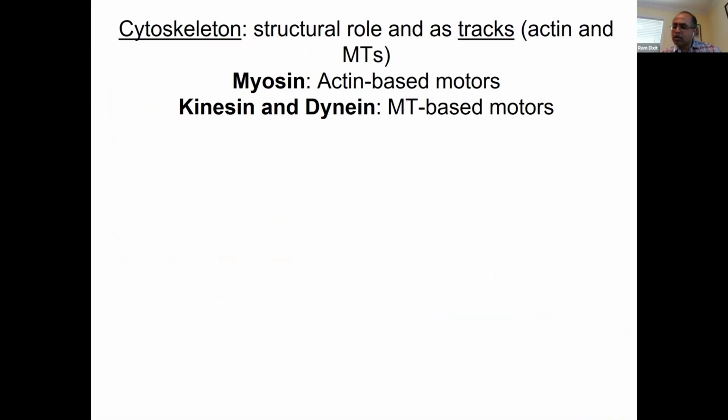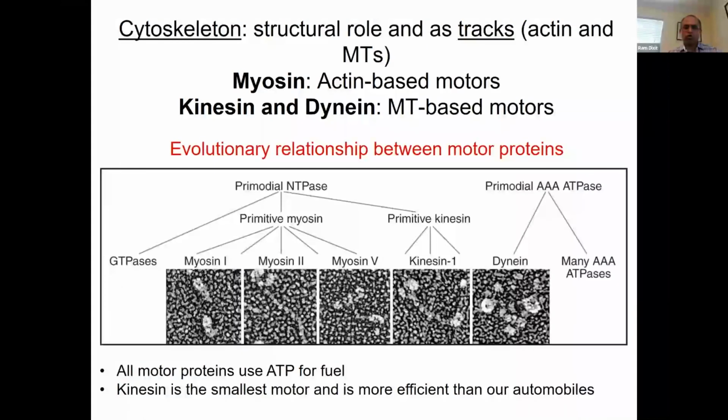Okay, and finally, we are actually out of time. So all I'm going to mention here is that the cytoskeleton so far we have really emphasized from a structural standpoint, from a mechanical standpoint, exerting forces or organizing cells or conferring cell shape, but they also serve as tracks for motor proteins. And you have actin-based motors, called myosins, and there are microtubule-based motors that can be either kinesins or dyneins.